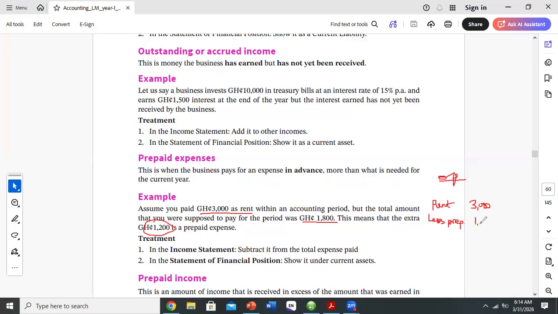When you do that, you arrive at the exact or the true rent that should be paid for the particular year, 1,800. So this is how it will show in your profit and loss account: you put the rent paid and then you less the prepaid. And then in the balance sheet, you would show this prepayment of 1,200 as your current asset.